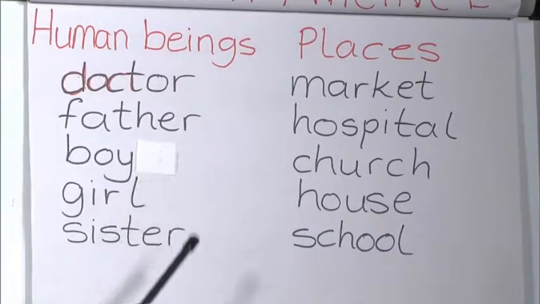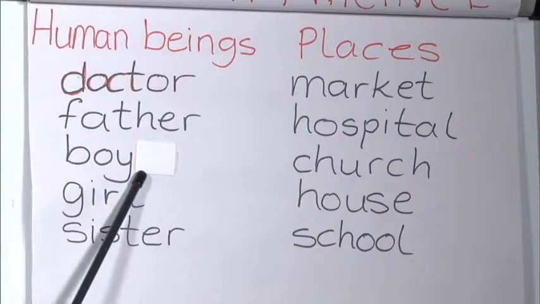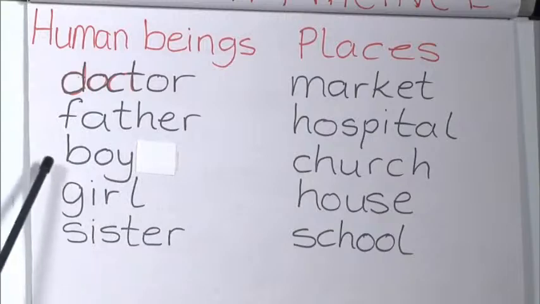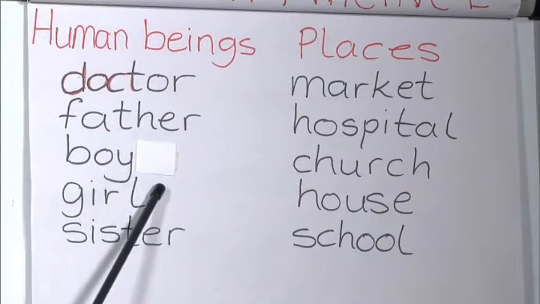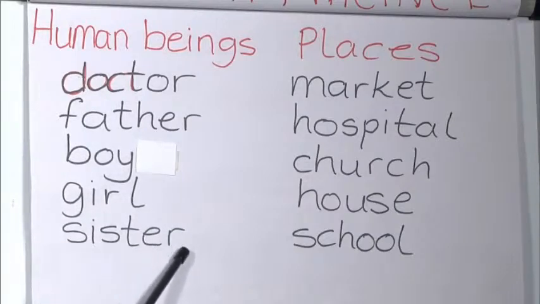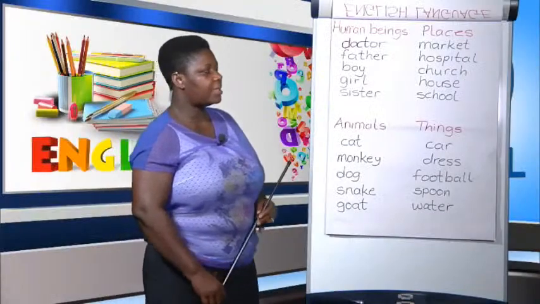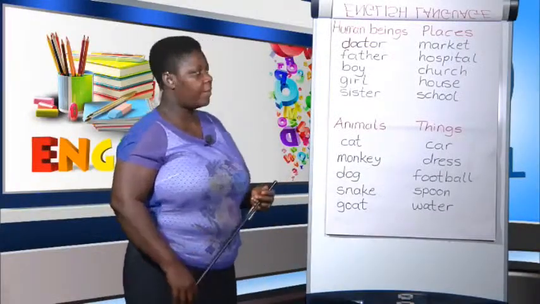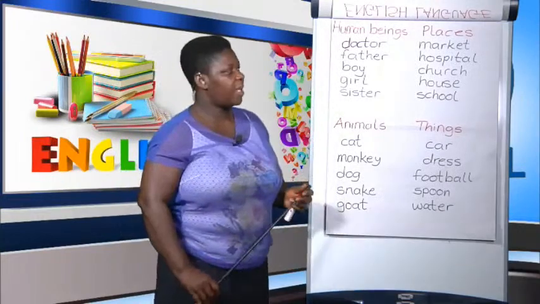Boy. Girl. Sister. These are names of human beings. We have a lot of them, but few have been written here.